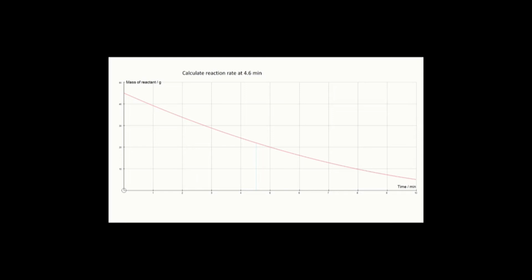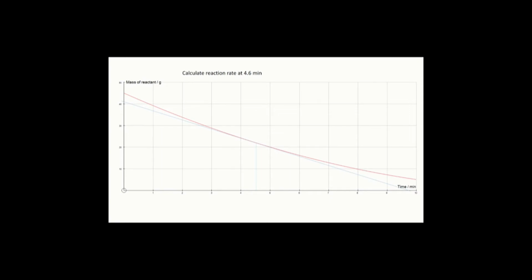I'm going to have to do exactly that point. So we're going to draw a tangent, which is a line which touches the curve but doesn't actually go over it and cross it at any point. And so in theory, there is one point where the tangent touches the red line, and that is where the dashed line at 4.6 minutes is.